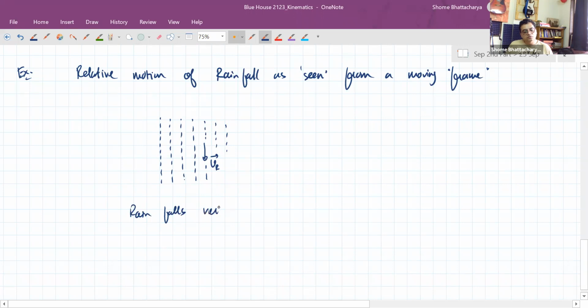Rain falls vertically with velocity equal to, let us say, 40 meters per second with respect to the ground frame.